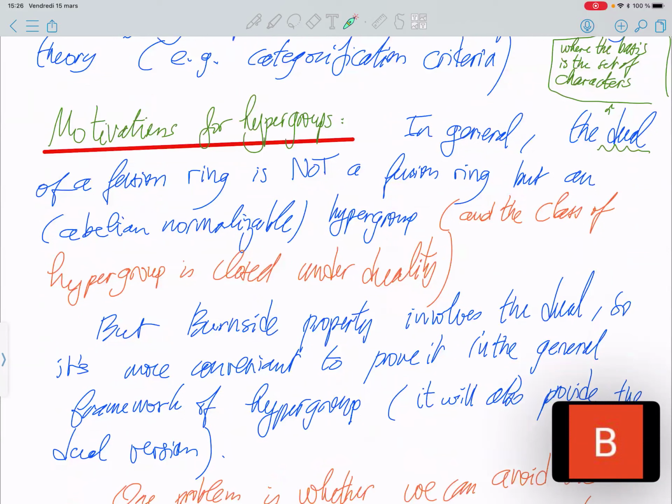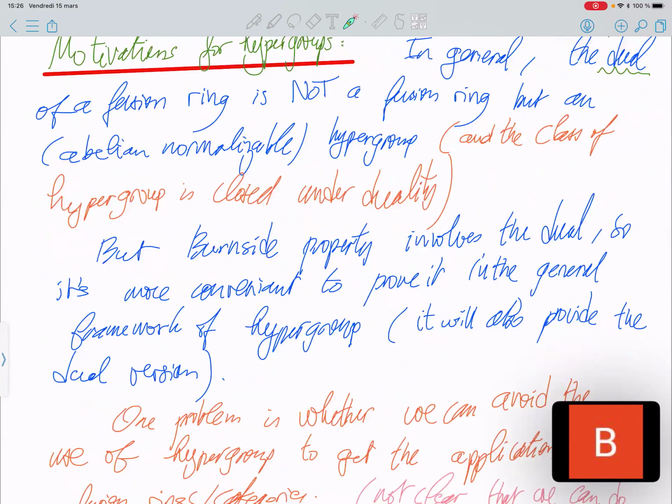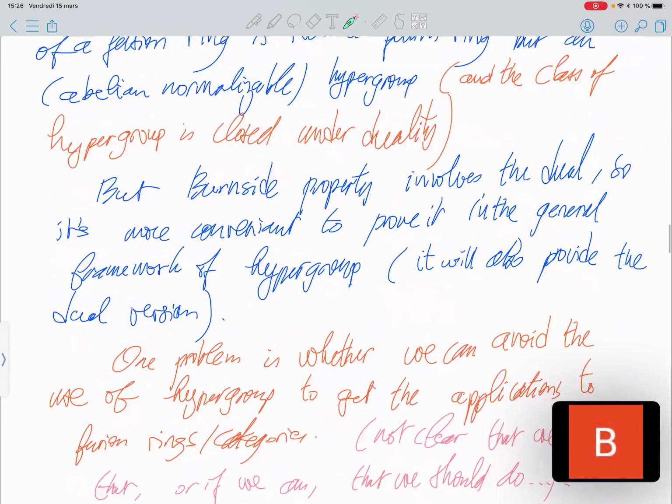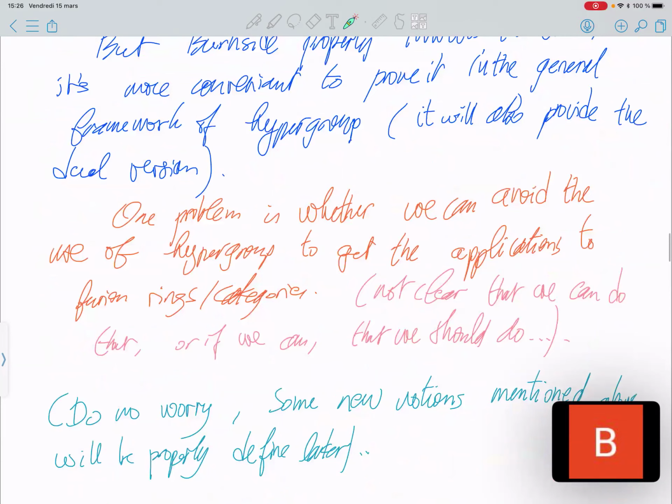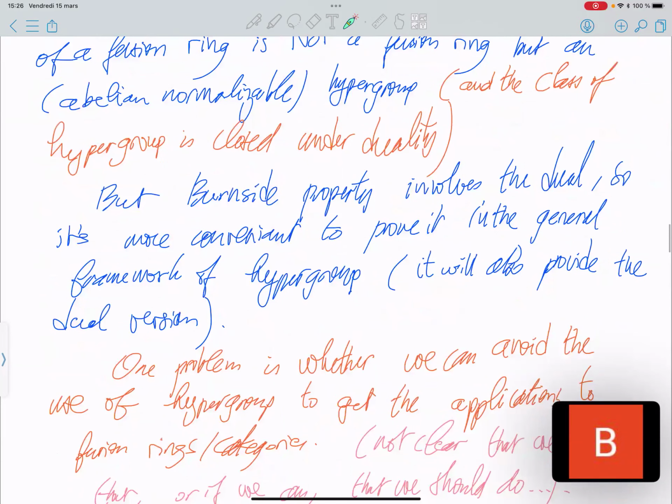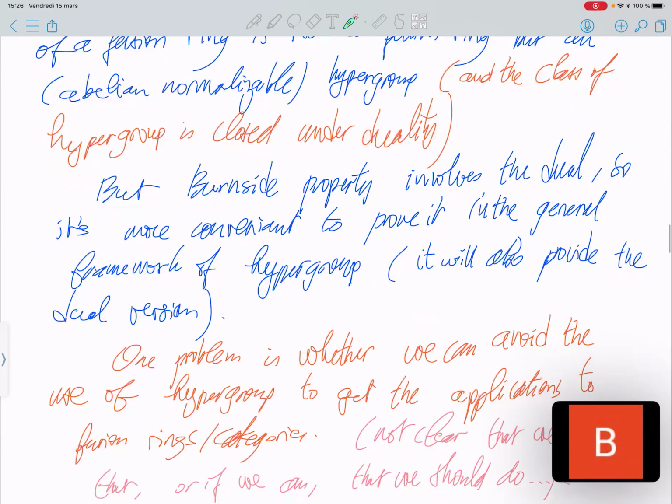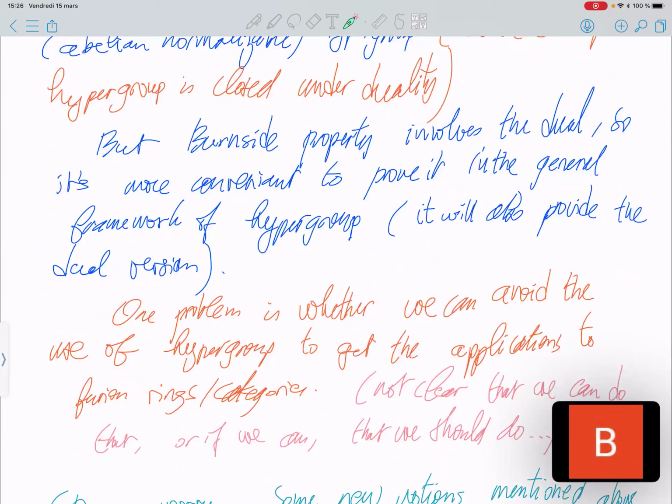And another point is that hypergroup is closed under duality. So you can state the Burnside result for the dual hypergroup, and you get a dual Burnside result. So that's why we will have a Burnside property or dual Burnside property. In fact, every group has Burnside property, but not every group has dual Burnside property.